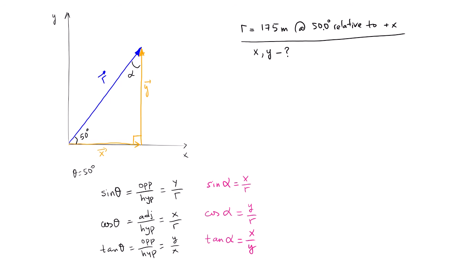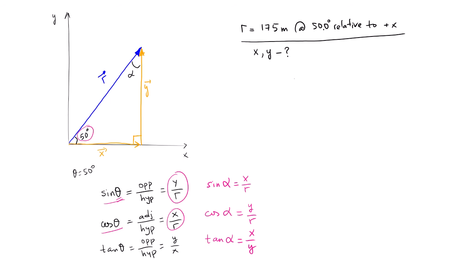As you can see, depending at what angle you are looking at, your sines and cosines will have different expressions. So in our case, we're interested in the angle 50, which corresponds to our theta. Therefore, to find, for example, the y component, I will use the sine function, and for finding the x, I will use the cosine function.